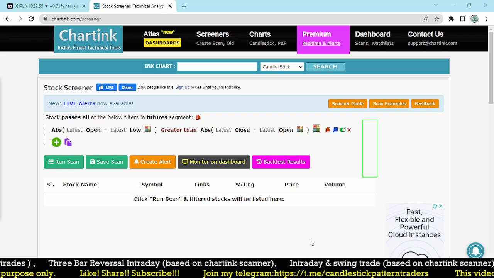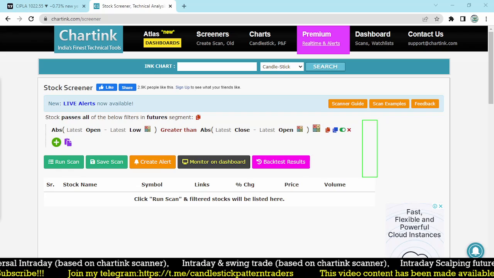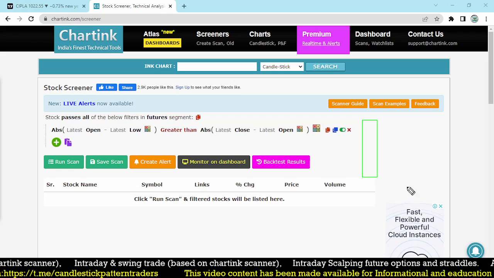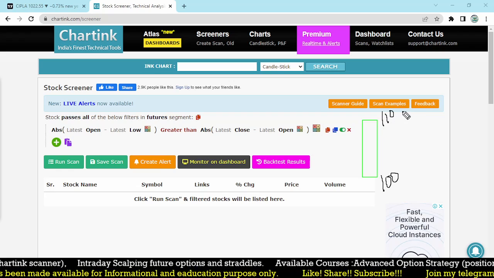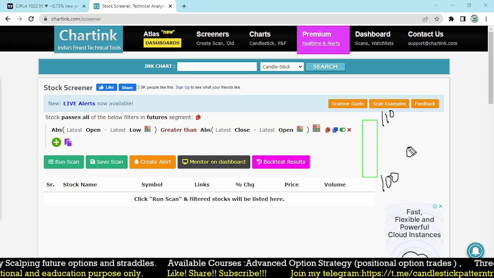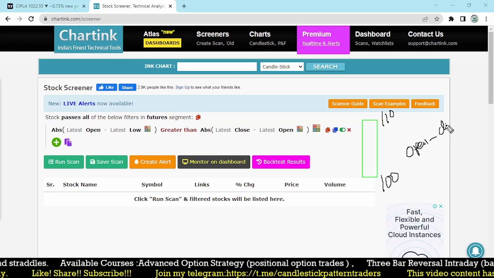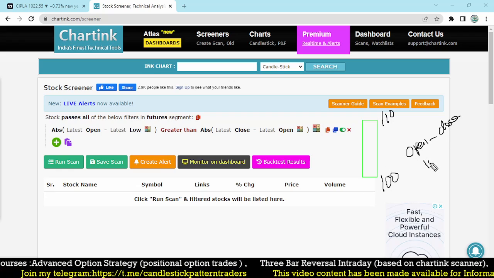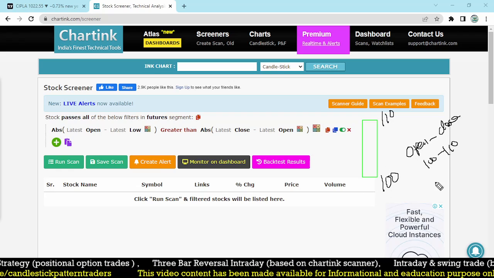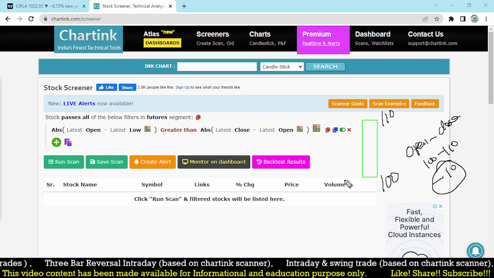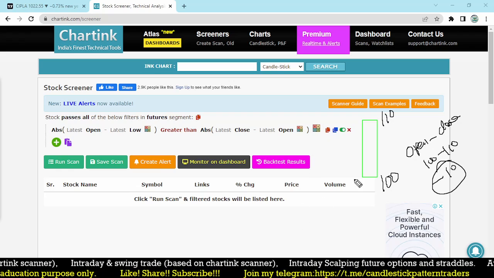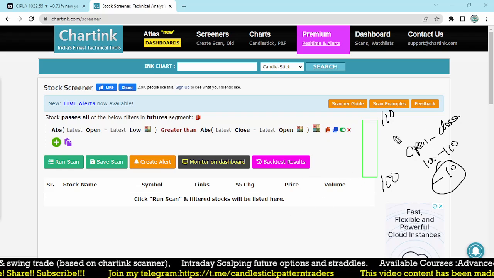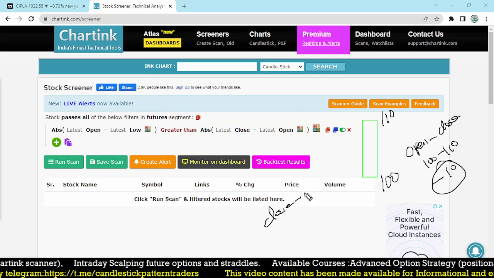Here the stock is a green candle, which means the stock opened at 100 and closed at 110. If you use open minus close, we get 100 minus 110, a negative 10. This will not give you the perfect result. Instead, if it is a green candle, we use close minus open.